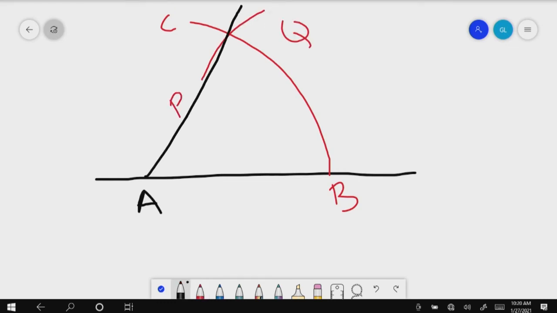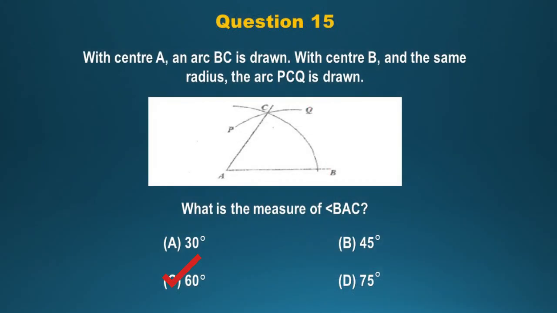They're asking us what is the measure of angle BAC. That is this angle here that we just constructed. And in geometry, that is how we construct a 60-degree angle. Hence, our solution there would have been C.